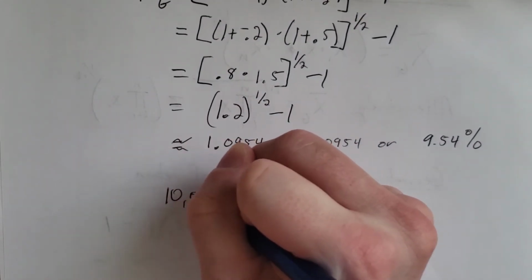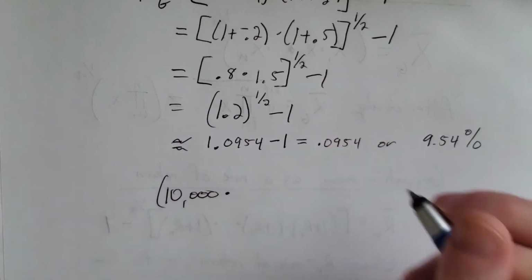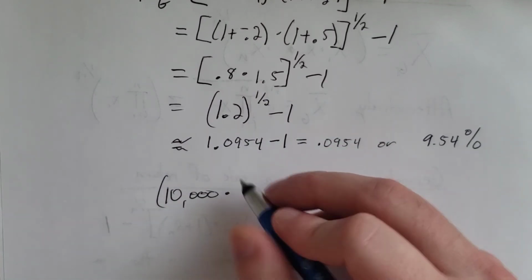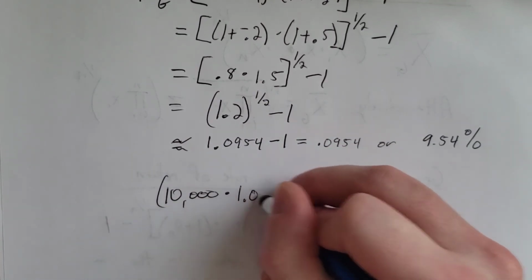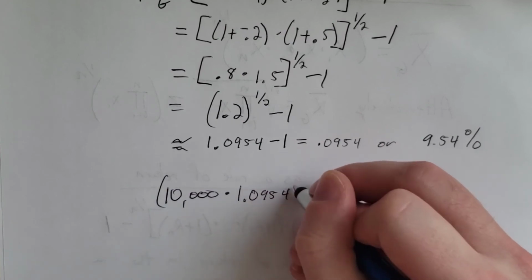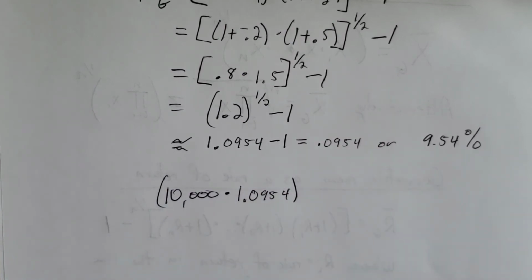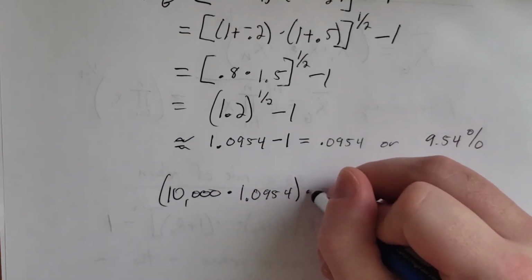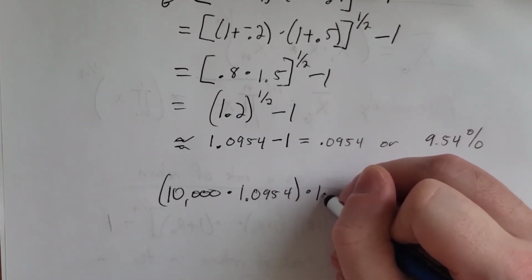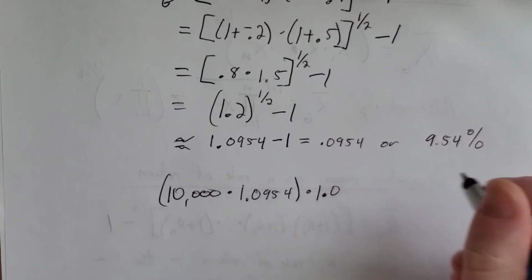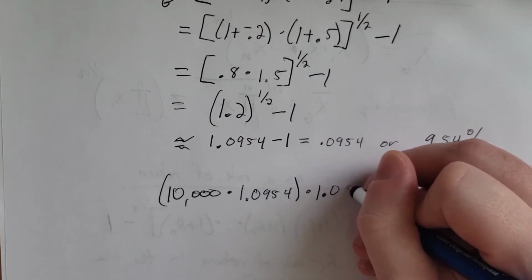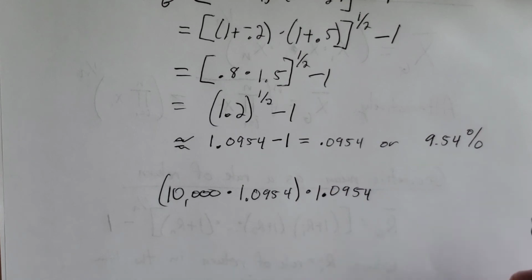Just to do this quick arithmetic, at the end of 1 year, we would have 10,000 times 1.0954. That would tell us how much money we would have at the end of the first year. And then at the end of the second year, if we increased by 9.54% again, then we'd have to take that value and multiply it by 1.0954.